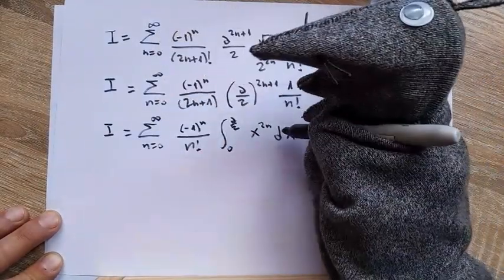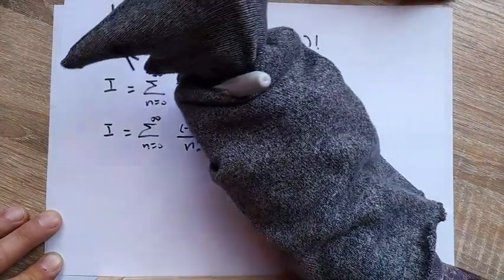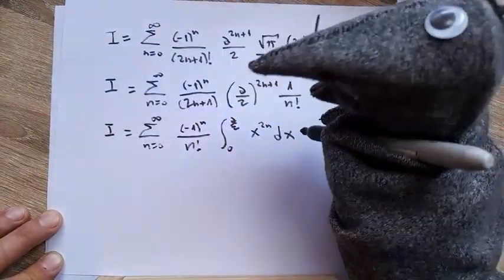Yeah, if you make this integral, you get this term over this 2n plus 1.